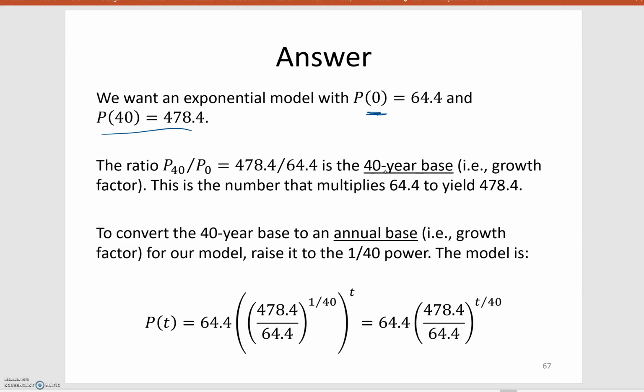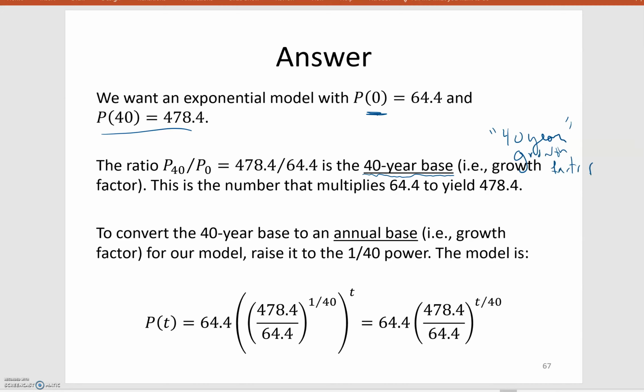That's 478.4 divided by 64.4. That's going to be my 40-year base, like my growth factor. Specifically, it is my 40-year growth factor.